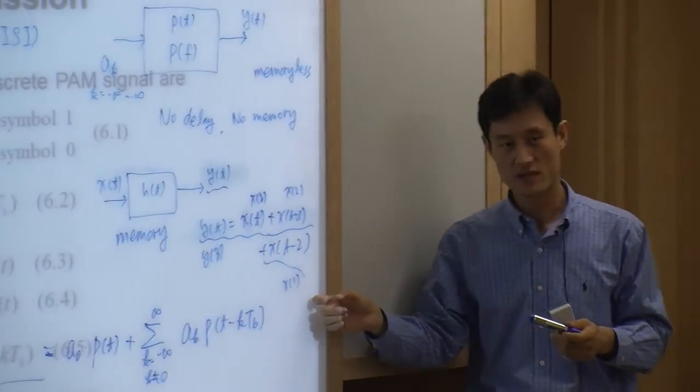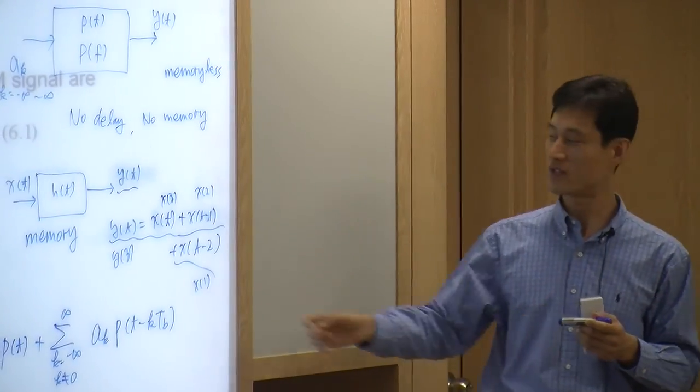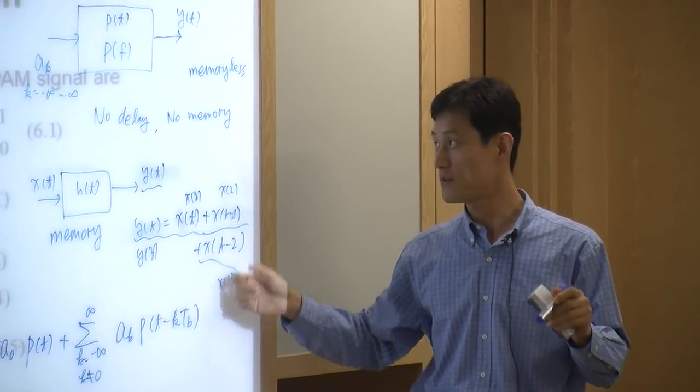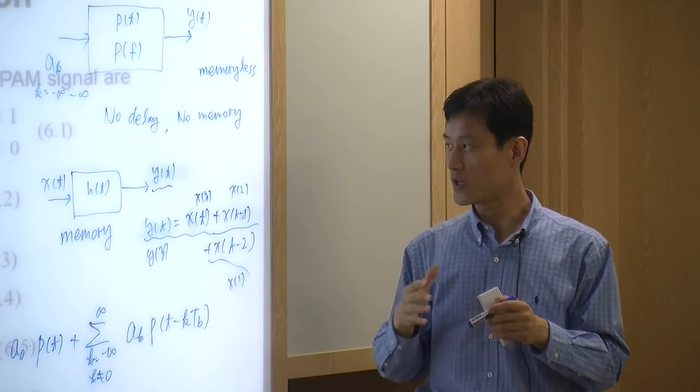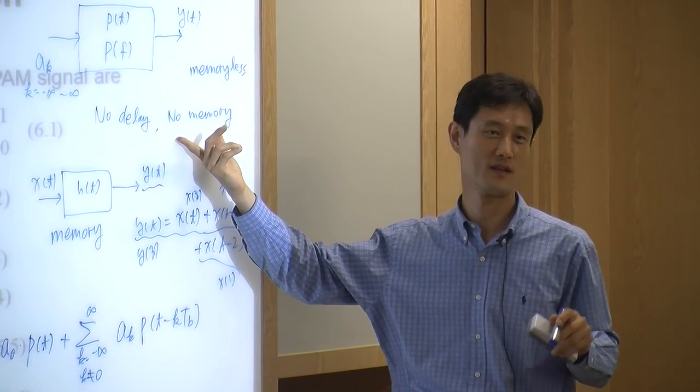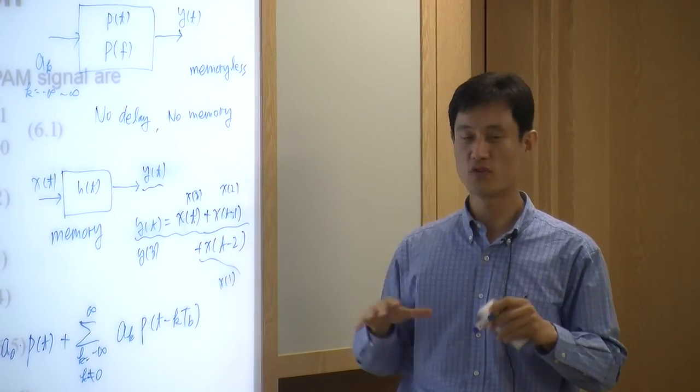That's intersymbol interference. This is really bad. When you have this ISI, it's really bad. That happens because of the memory. That's why we don't want memory. We want to have no memory. We want to remove the ISI.